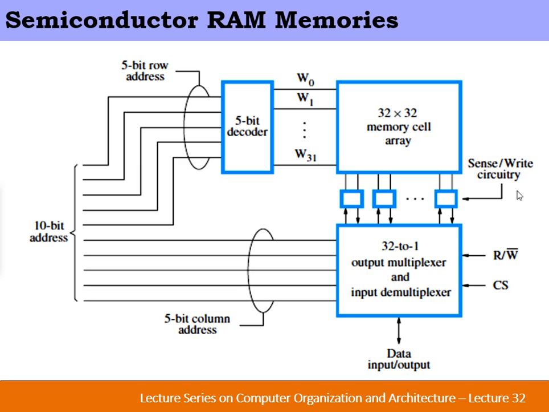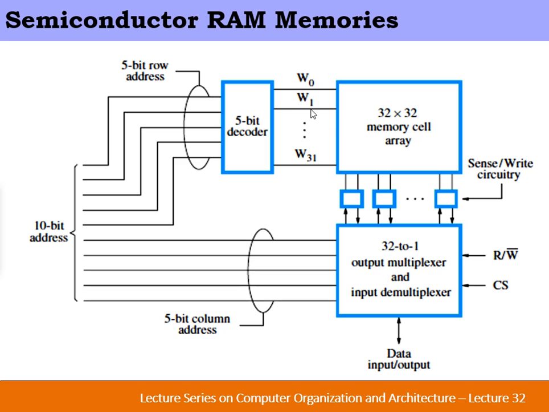All these are connected to the sense/write bar circuitry. Among these 32 word lines, any one of the word lines will become activated. When any one word line becomes activated, I can extract all the 32 bits from the 32 cells corresponding to that particular word line.